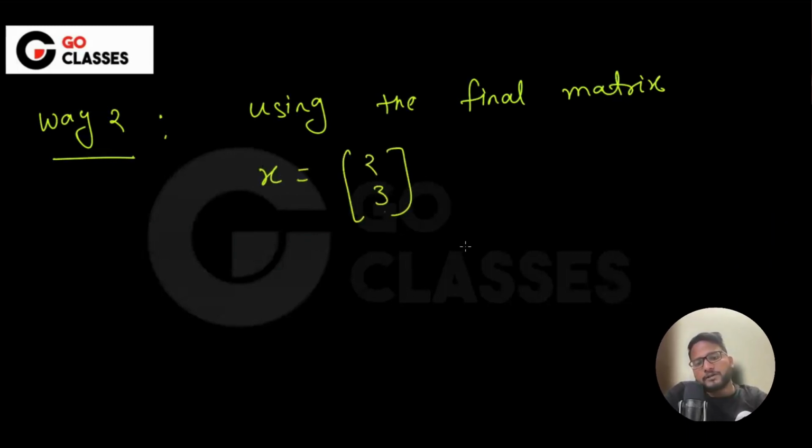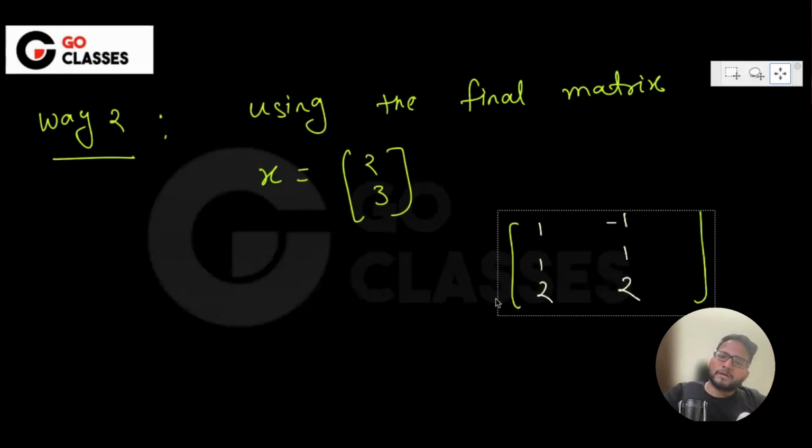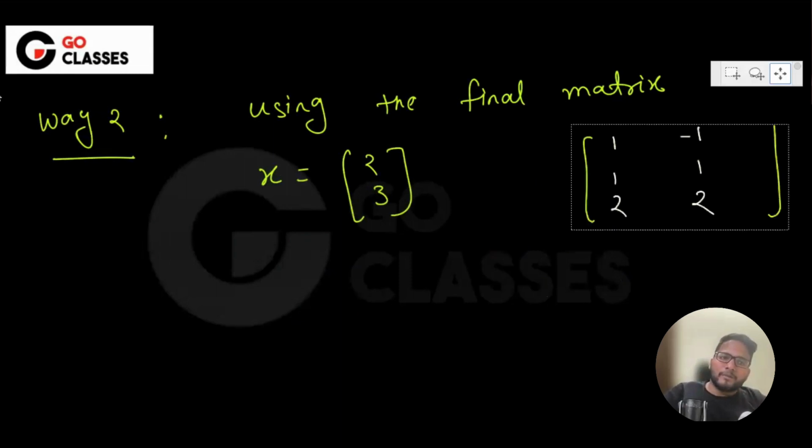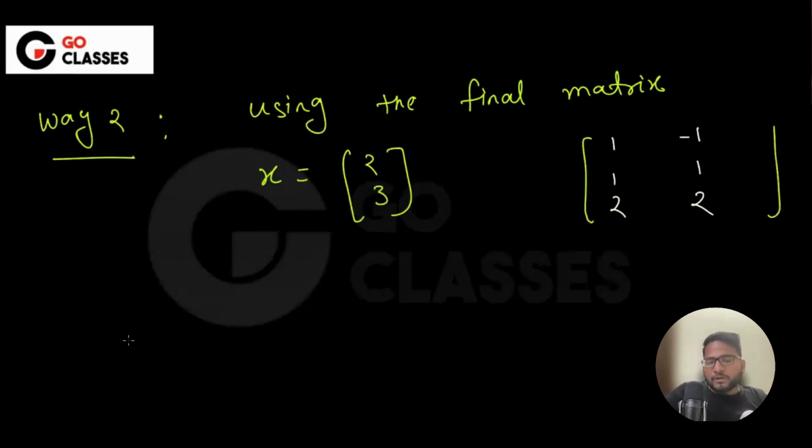And the final matrix is something like this, right? If I want the transformation of this vector, and then finally I want it in the B2, can I multiply these two and get my answer? No, right? So basically, what will I do?